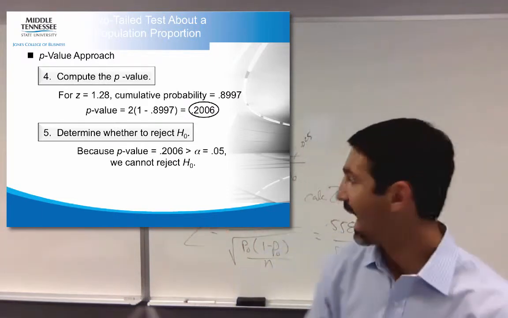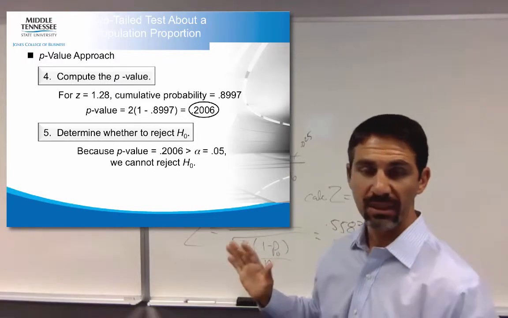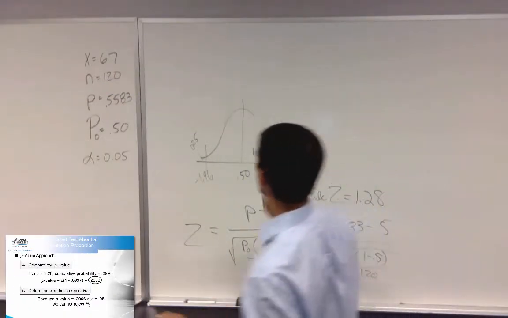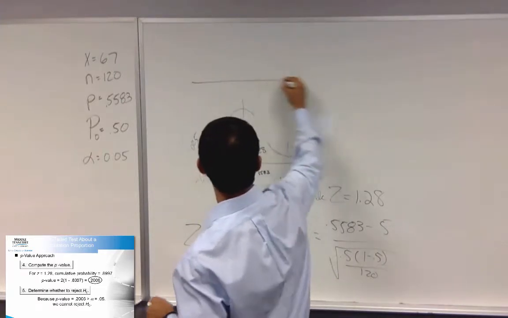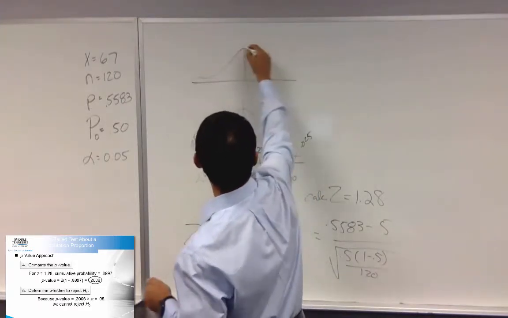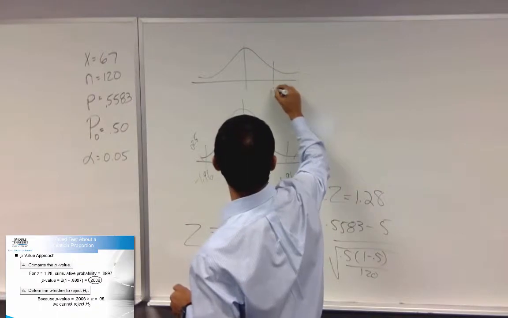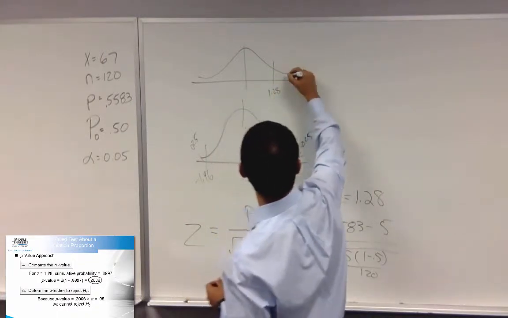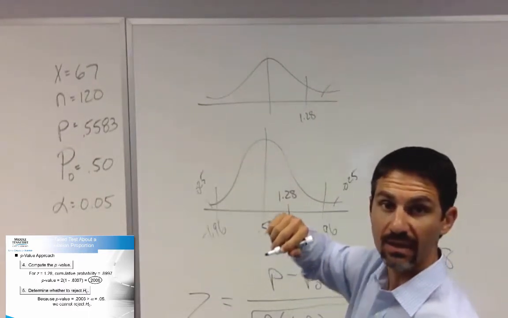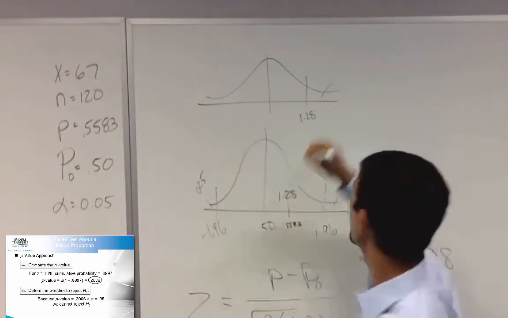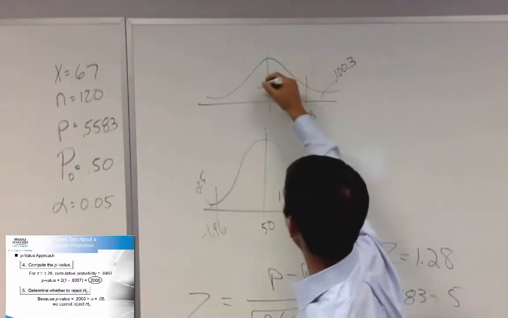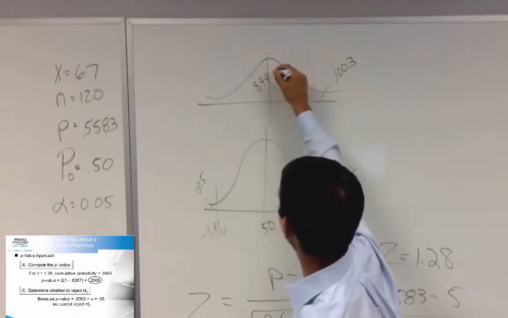Now, let's take a look at that on the board. I'm going to draw a completely separate bell curve to make the point of this. So at 1.28, this area is going to be 0.1003, and then the rest of this area is the 0.8997.